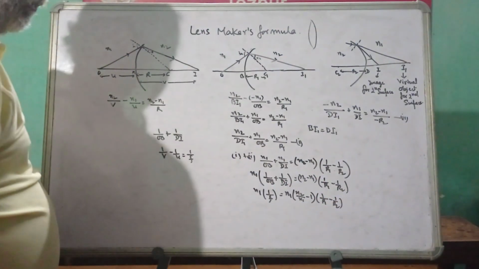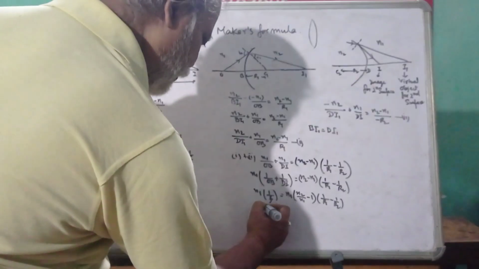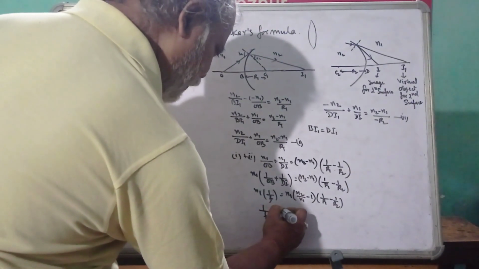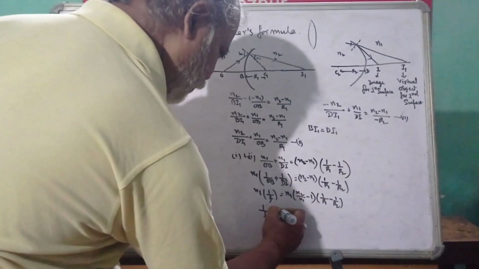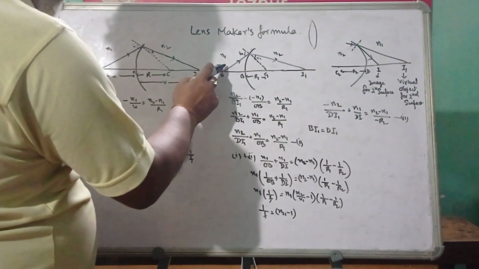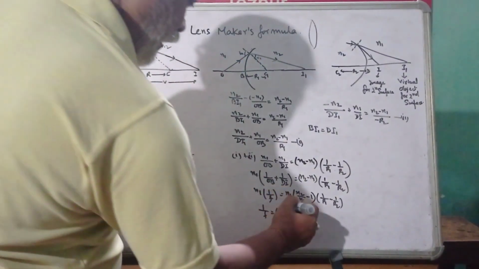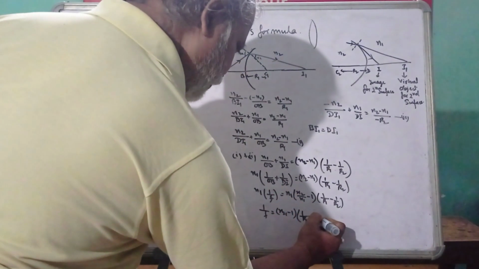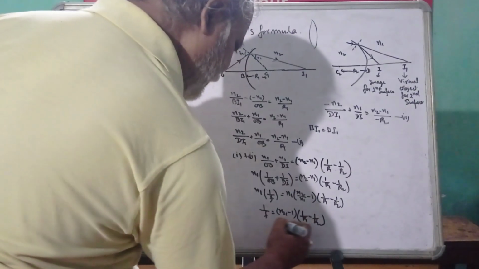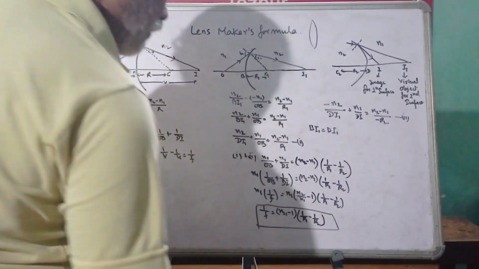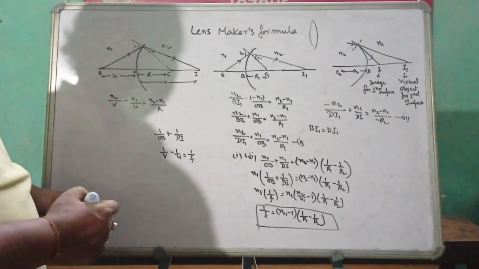Here N1 cancels out, so 1 by F is equal to N21 minus 1, since light is entering from 1 to 2, times 1 by R1 minus 1 by R2. So this is your lens maker formula. Thank you.